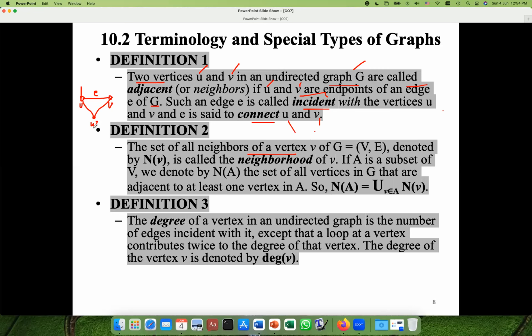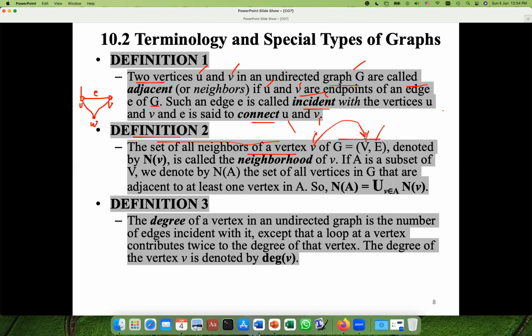U and W. So now you are going to see something like that in definition 2 about neighborhood. If we have a graph G equal to the set of vertices and set of edges, then we can represent the set of all neighbors for some vertex of that graph, for any vertex. And this small v is an element of this set of vertices, okay?